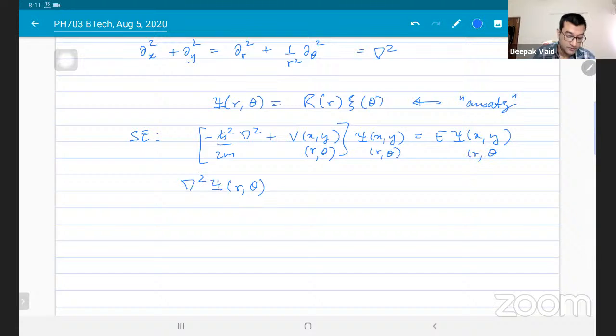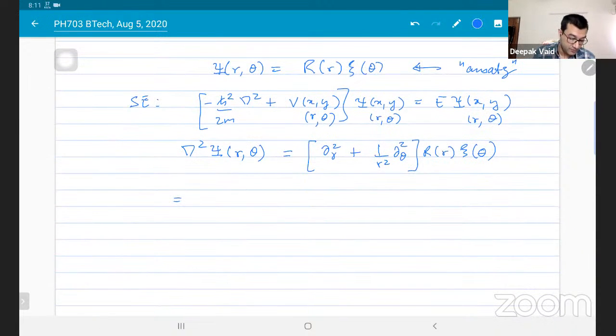So if I do this, then I have d squared by dr squared plus 1 by r squared d squared by d theta squared acting on R times Theta, right? Now when you take these partial derivatives, in the first term there are no mixed partial derivatives. There is no term like dr d theta.